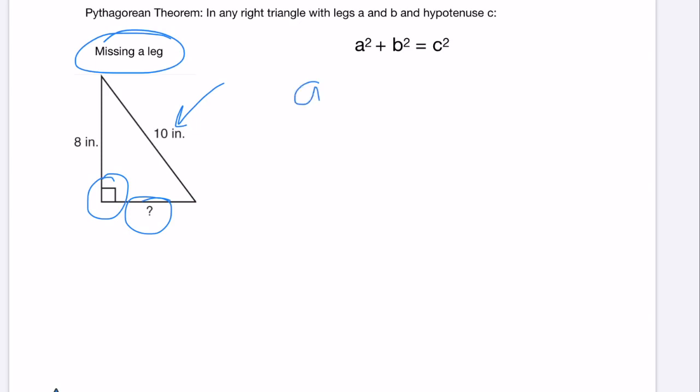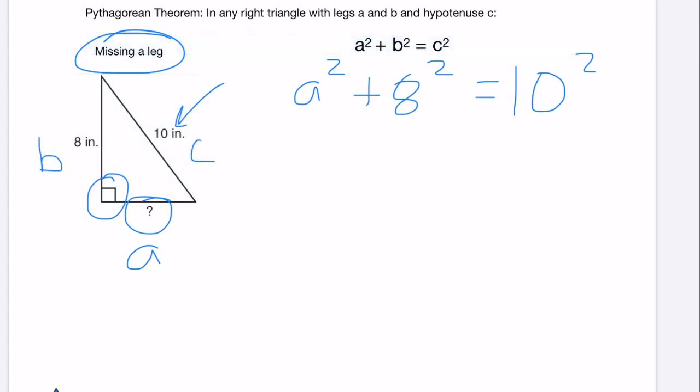I'm going to use a as the variable we're trying to find. So this is the unknown down here. I'll have a squared plus 8 squared equals 10 squared, which represents our hypotenuse. If you look at the triangle, 8 ends up being b, and c is our 10.